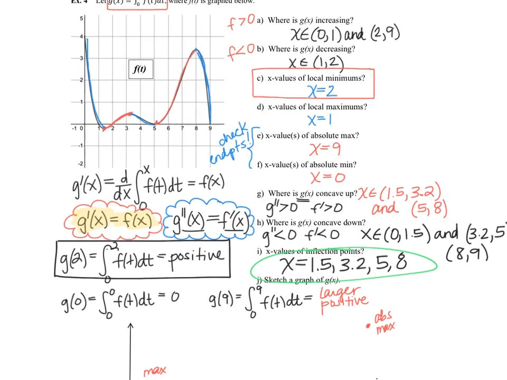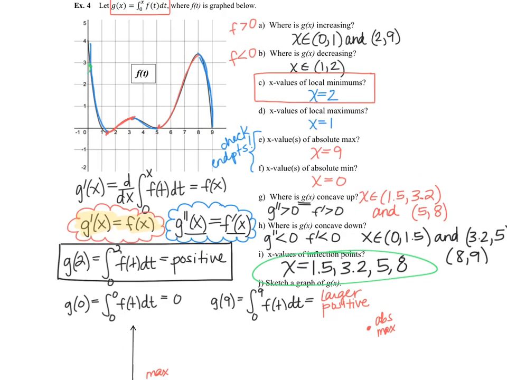So if I were to go back to my function and begin accumulating area from 0 all the way over to 1.5, I know I'm going to have a positive overall result because all that area is lying above the x-axis. We're only subtracting this itty-bitty little piece of area there.